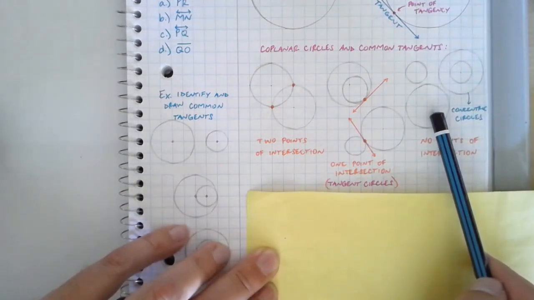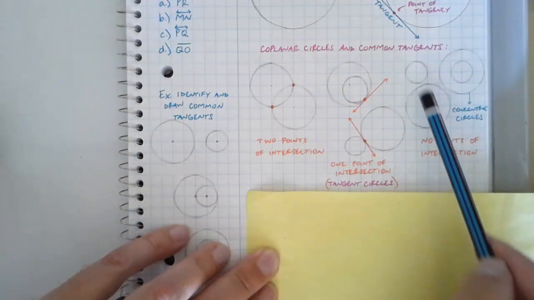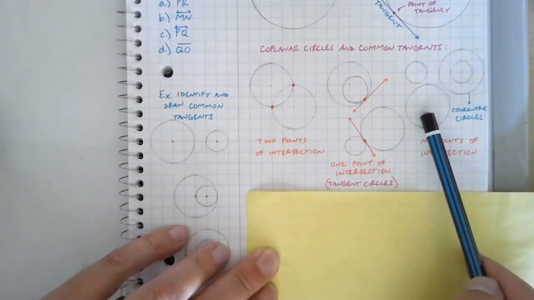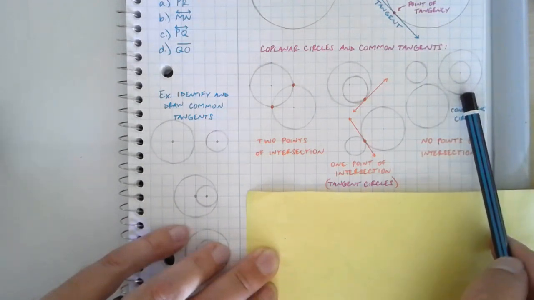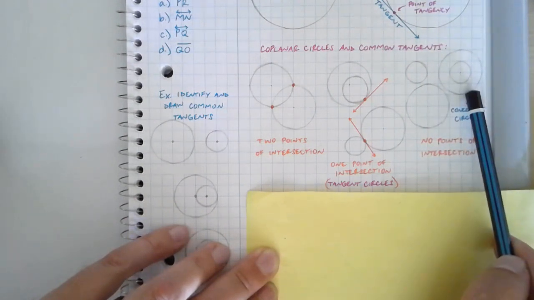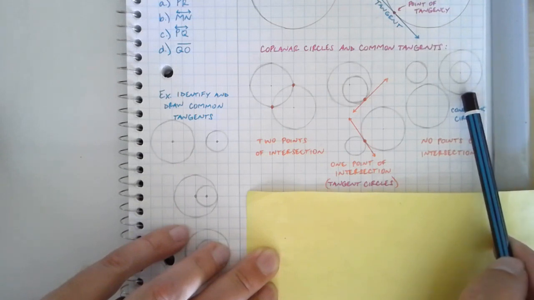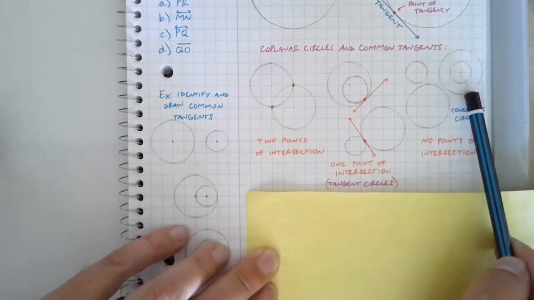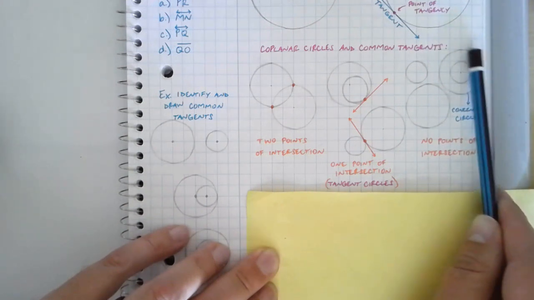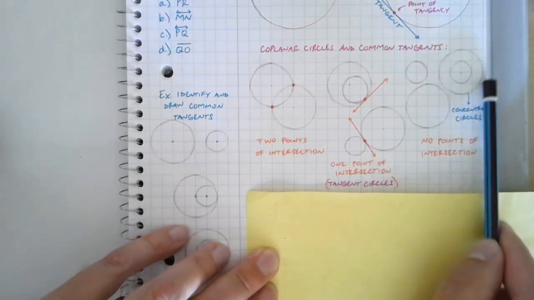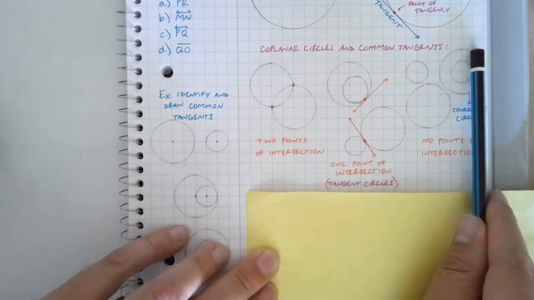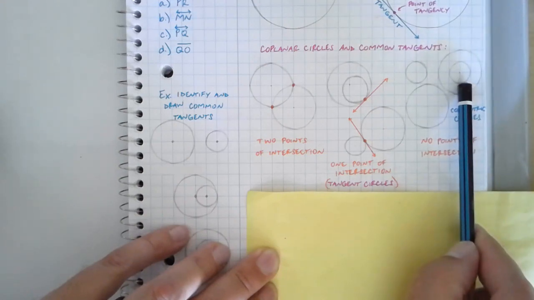Now what happens if I have no points of intersection? In other words, these circles don't touch each other at all, whether they completely miss each other outside of each other, or if they're concentric, like these two, like in this little bullseye looking thing. Let me talk about the bullseye first. In this case, there are no common tangents. If I were to think in terms of this larger circle on the outside and all the tangents that can exist there, they'll completely miss the smaller circle on the inside.